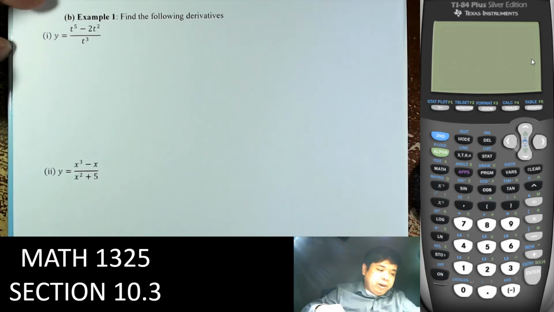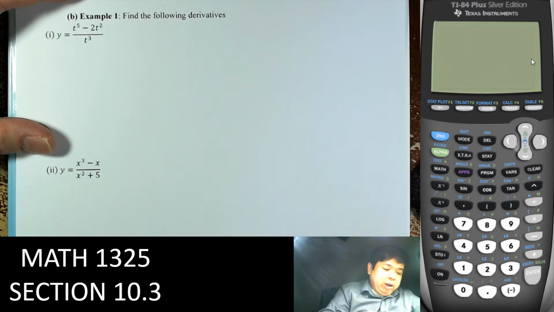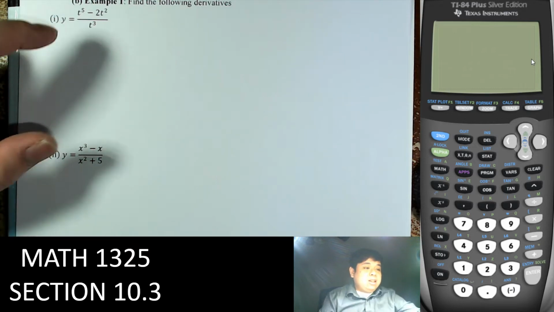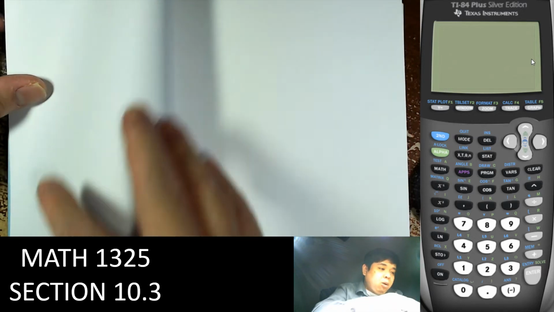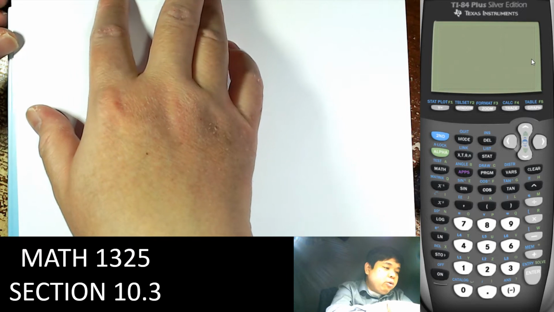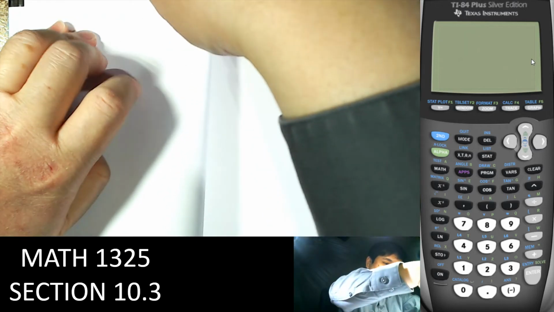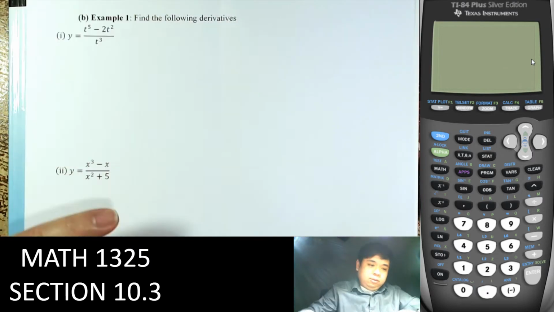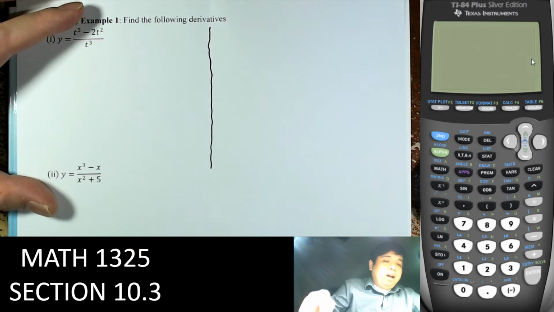Right, look at the first example here. Let's use the product rule. By the way, in the big scheme of things, just like we talk about the product rule, sometimes we don't have to use it. And this is another example where we may or may not. We can do the problem with and without the product rule. So for that first example, I will do both with and without the quotient rule.